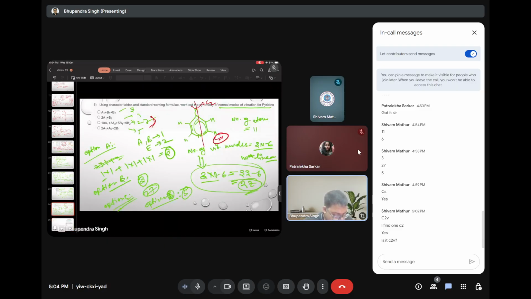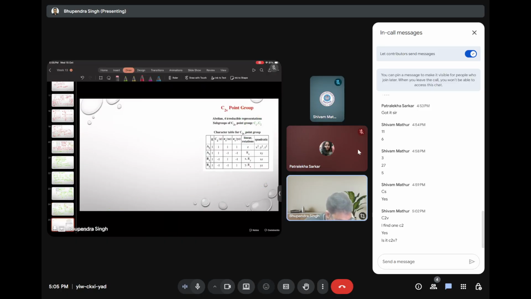While looking, we can see here A1, A2, B1, B2. All of them are there. While looking at the character table, why don't you tell me which one is IR active out of the symmetry species?